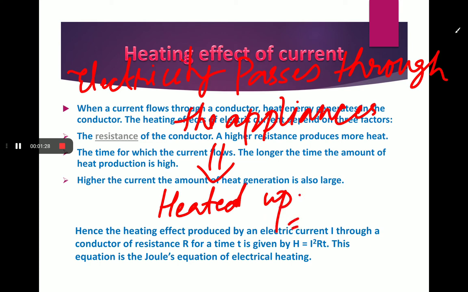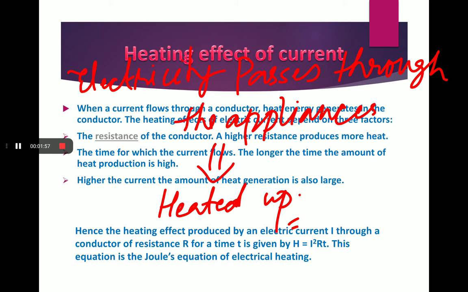For example, when we switch on the bulb and the bulb is glowing for a long period of time, then the bulb gets heated up. So, we can say that when electricity passes through the appliances and the appliances get heated up, this effect of heating up is known as the heating effect of electric current.